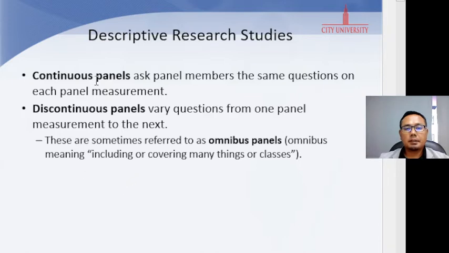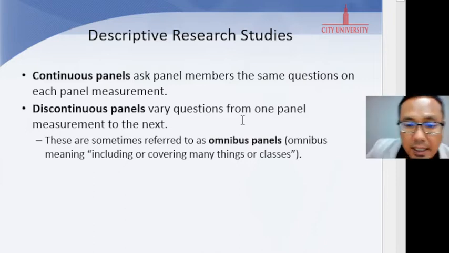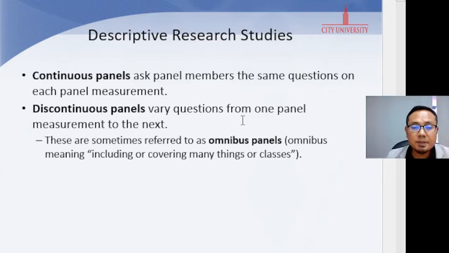And then under descriptive research studies, we also have the continuous panel. That means we ask panel members the same questions on each panel measurement. And in the other type of continuous panel, we vary the questions from one panel measurement to the next. These are sometimes referred to as omnibus panels, omnibus meaning including or covering many things or classes.